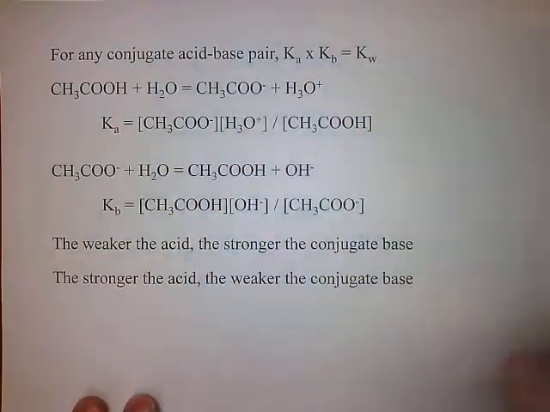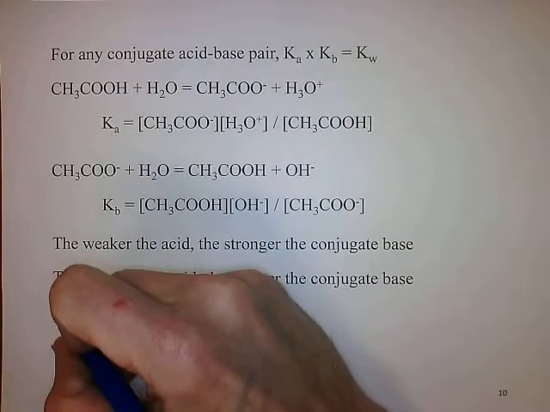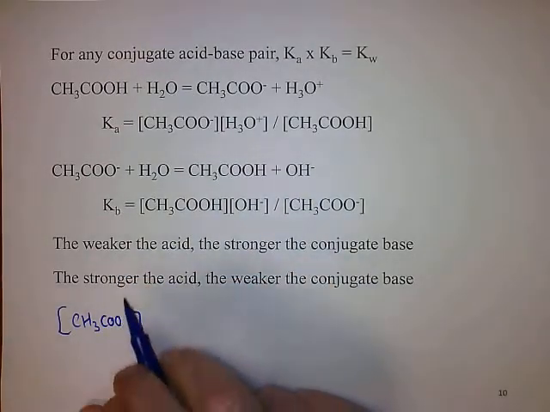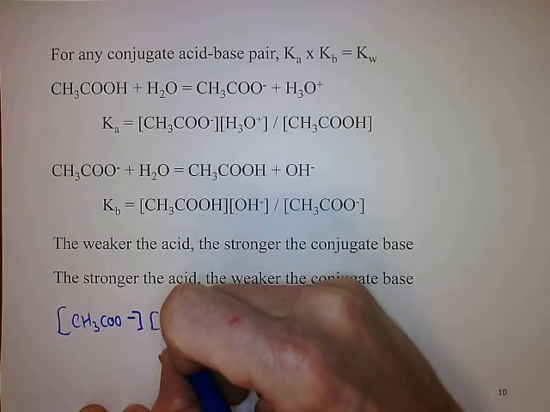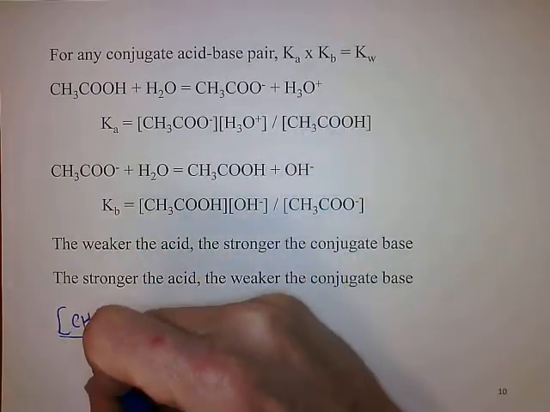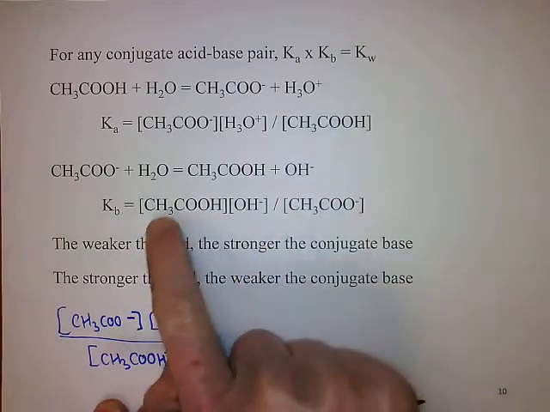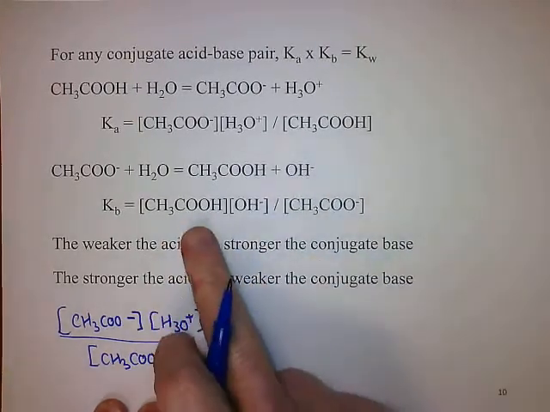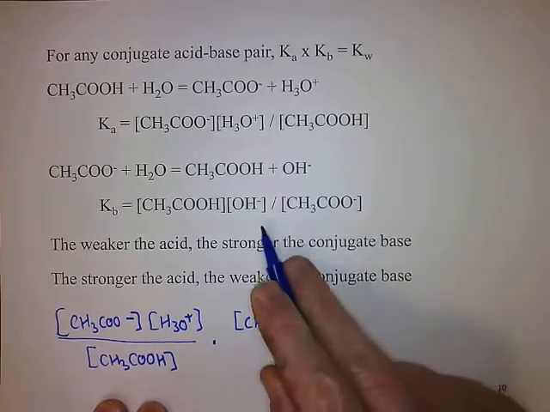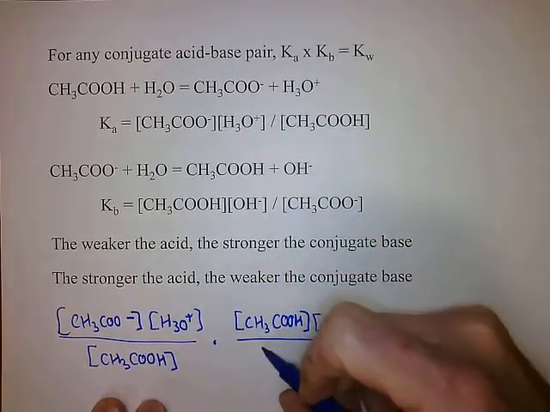So Ka is concentration of acetate times concentration of hydronium divided by concentration of acetic acid, and Kb is concentration of acetic acid times concentration of hydroxide divided by concentration of acetate.